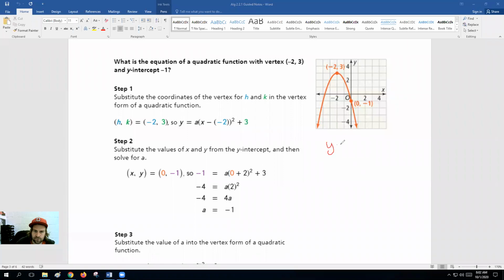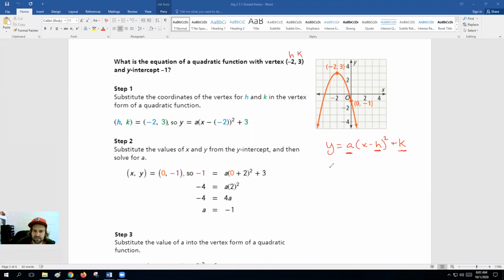If I have the equation y equals a times (x minus h) squared plus k, I need to find three things. When you did y equals mx plus b, you had to find m and b. For a parabola, you have to find three things: a, h, and k. The easiest ones to find are h and k because they come from the vertex.